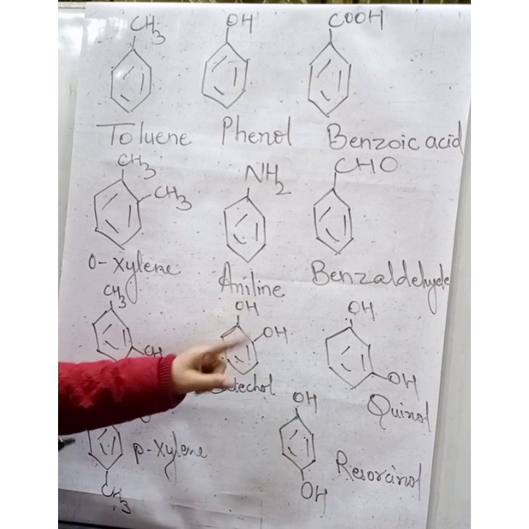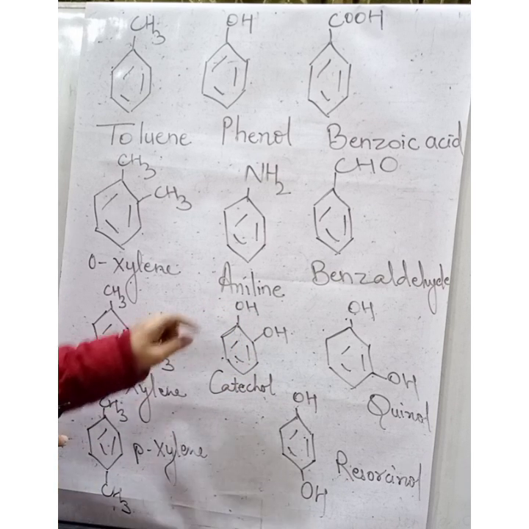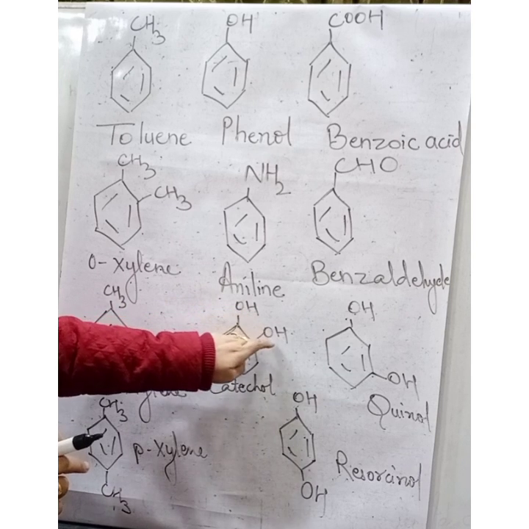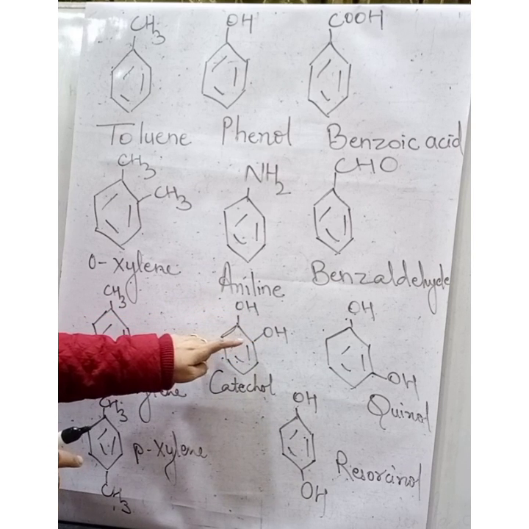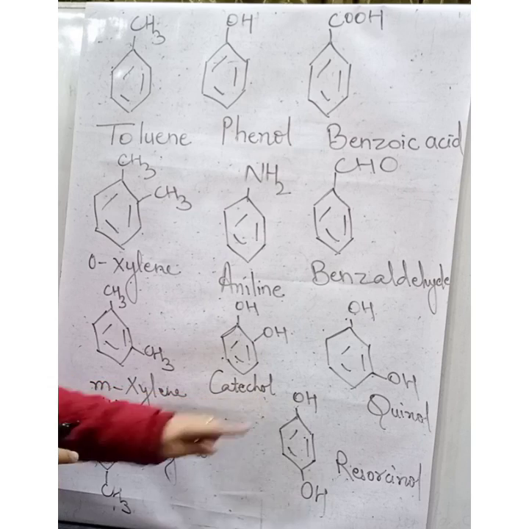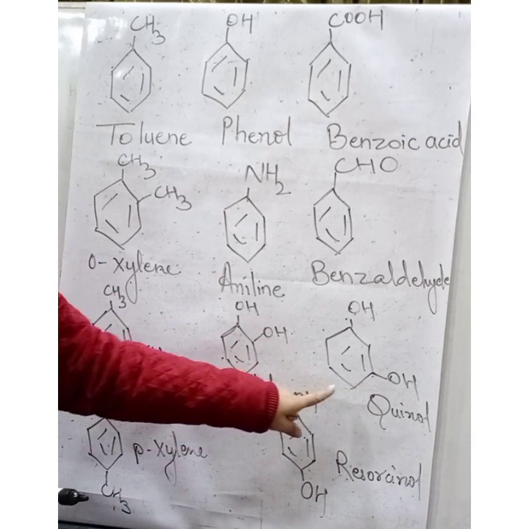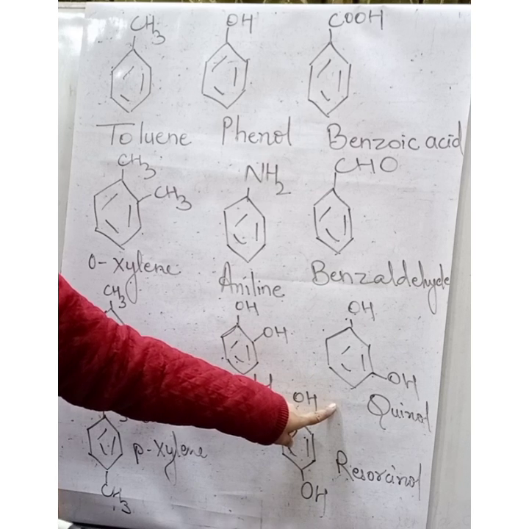Similarly, when 2 OH groups are present, we can name this as 1,2-dihydroxybenzene, but popularly it is known as catechol. If the OH group is present at meta position, popularly it is known as quinol.